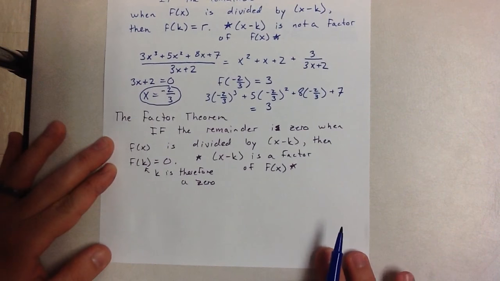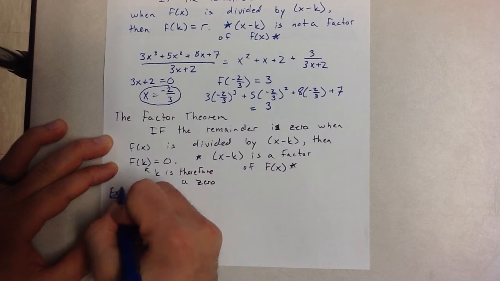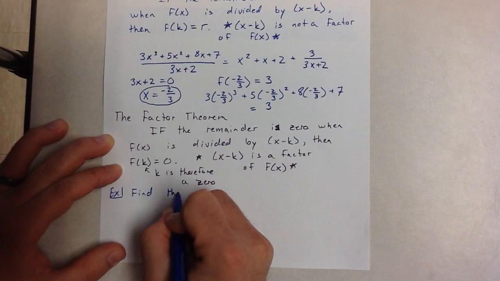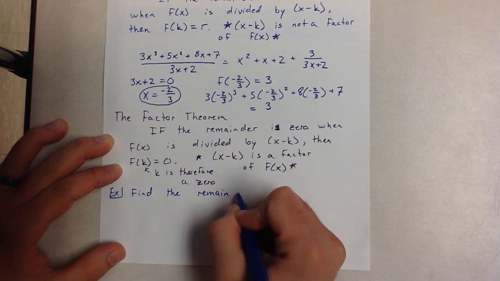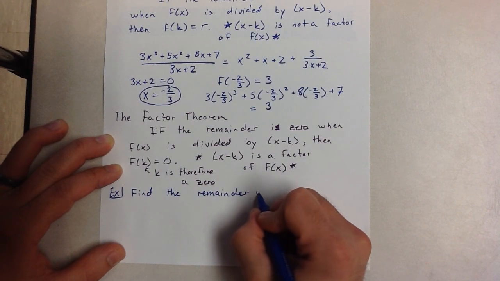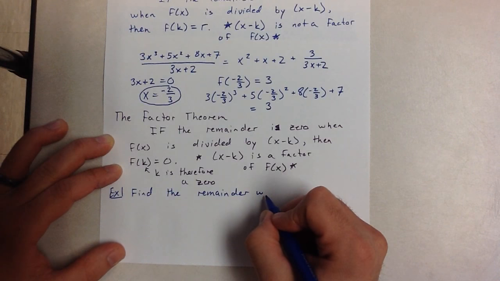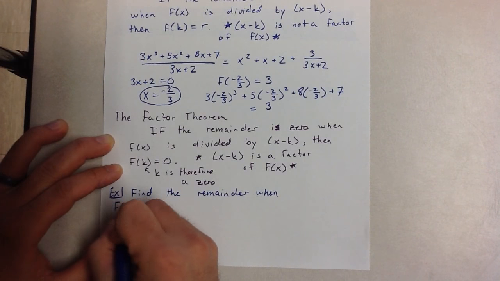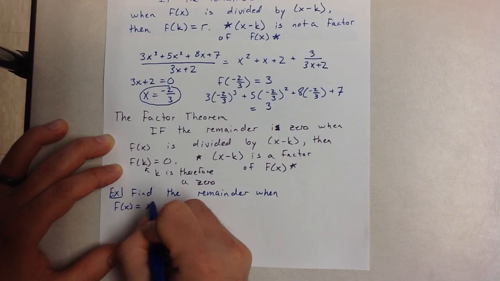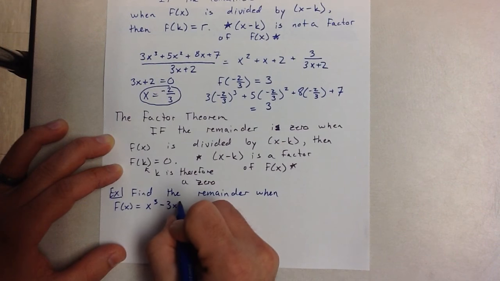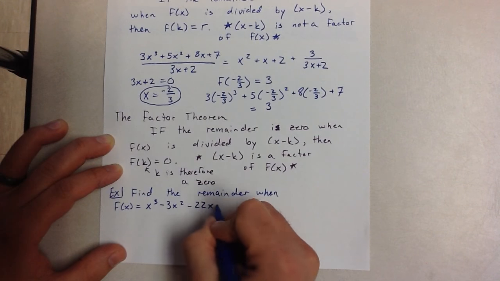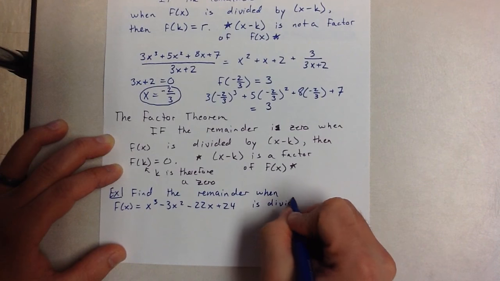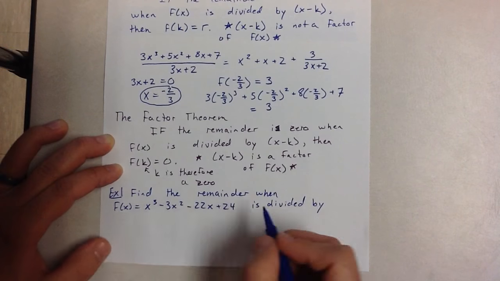So let's say we have this alternate question. Find the remainder when f of x, the function here, x cubed minus 3x squared minus 22x plus 24, is divided by these three possibilities.